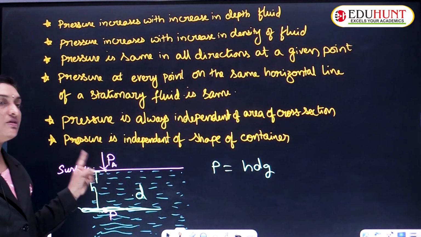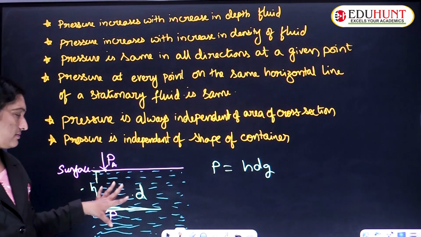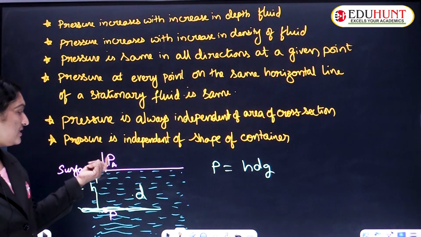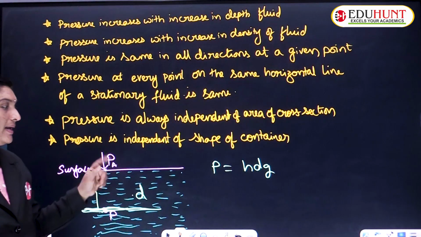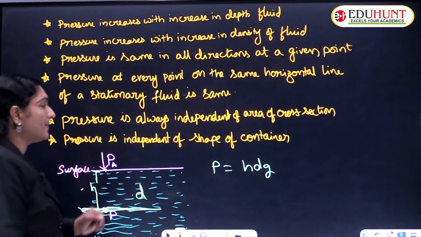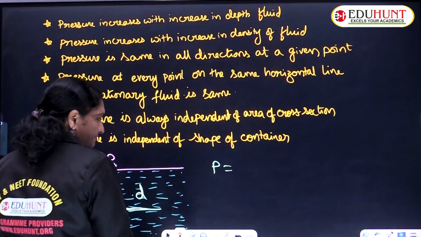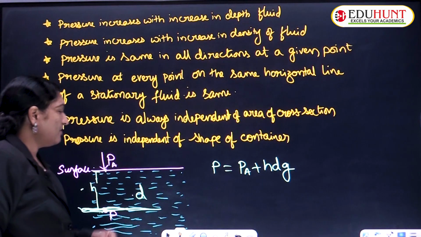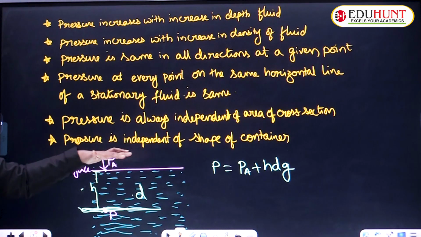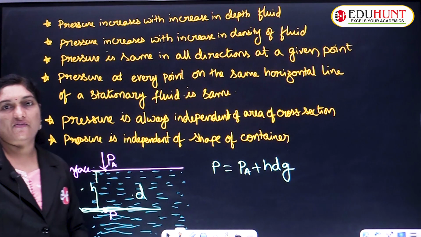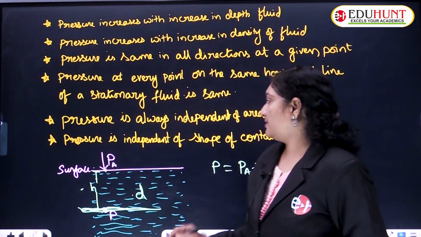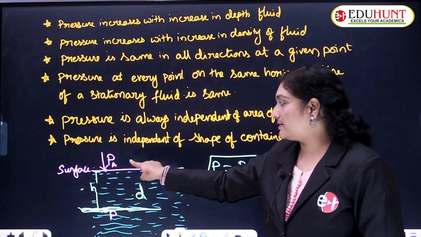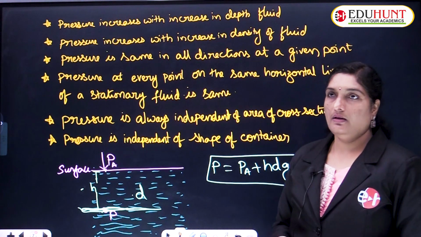But because this is an open container, some pressure is already acting because of atmosphere. So along with this pressure, due to its own depth, some additional pressure is acting. So the total pressure acting at this point is PA plus hdg. If PA is the atmospheric pressure, then the pressure at a given depth is P equals PA plus hdg, children. This is also a most important point. You need to consider that atmospheric pressure also.